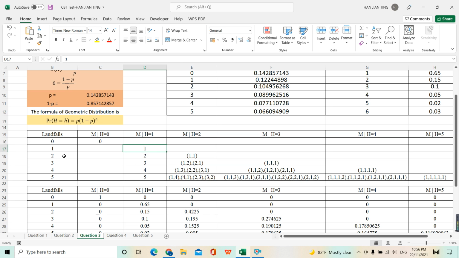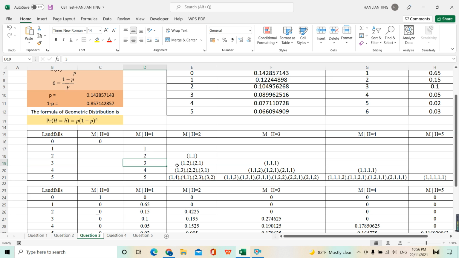When the landfall is equal to 2, there is one hurricane and m equal to 2. And when there are two hurricanes, the first hurricane will be m equal to 1 and the second hurricane will also be m equal to 1. When there are three landfalls, with one hurricane, m also equals 3.